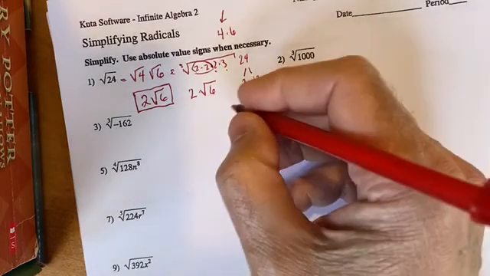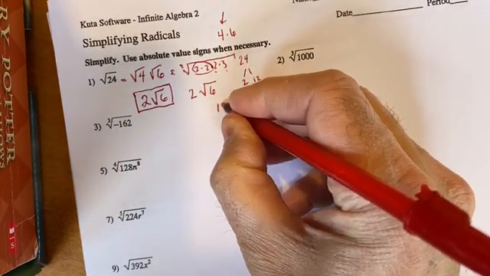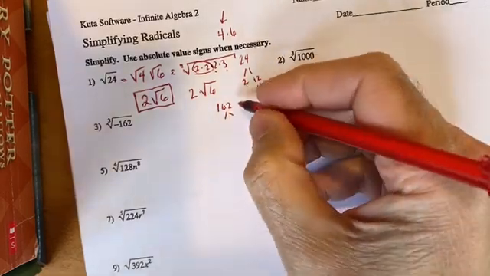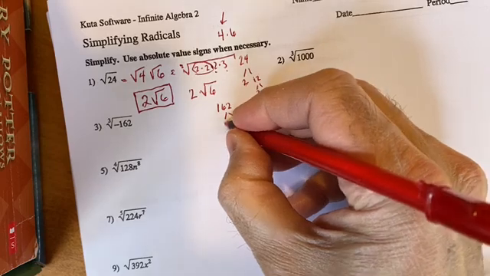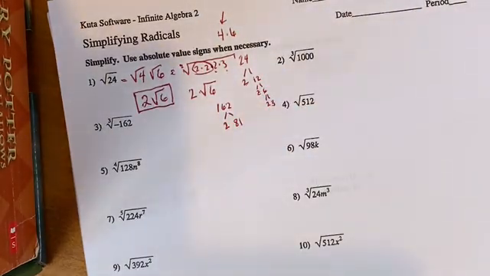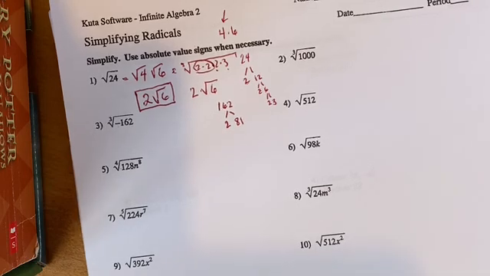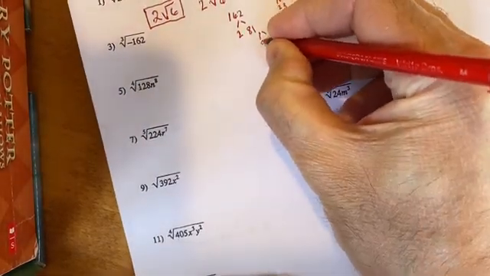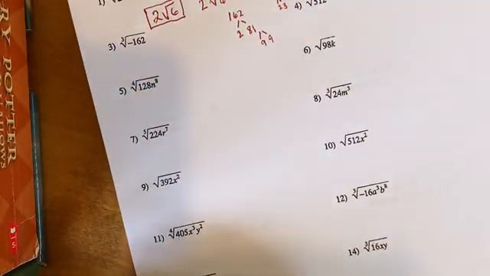Ooh, it doesn't look like I've got lots of room. Okay, so if I take 162 and separate it, now I can't see what it goes into, but I do know that 2 times 81 is 162. And 81 is 9 times 9.